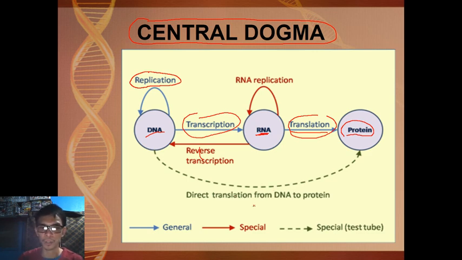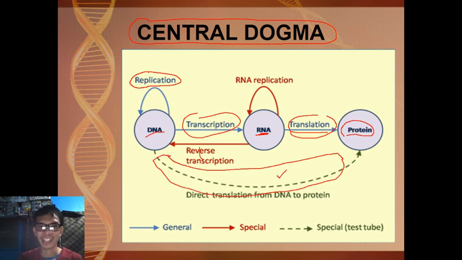Right? So in this diagram as well, it includes some processes that happen only in the laboratory. So these are special processes. A DNA can become a protein immediately without doing protein synthesis, and this happens only in the laboratory.